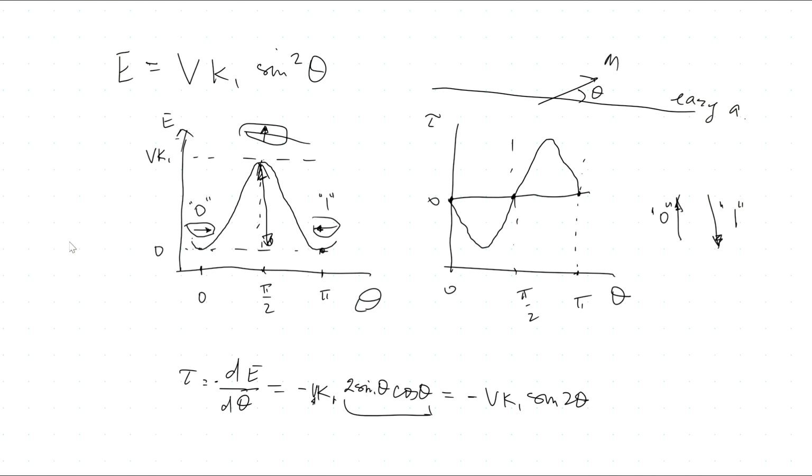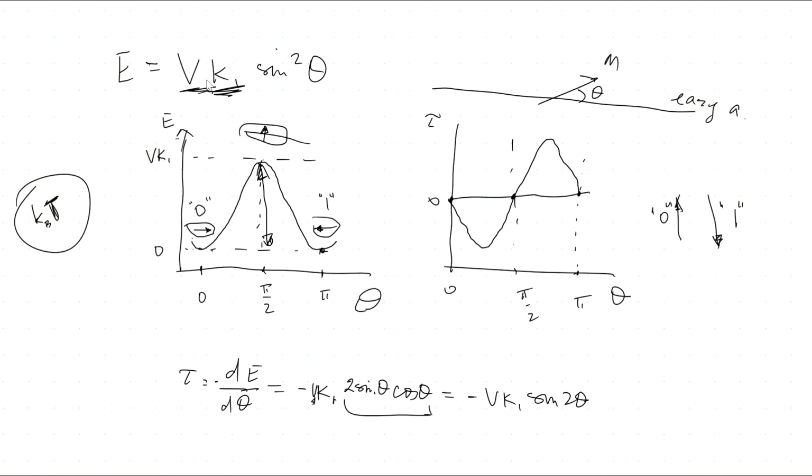If this energy barrier is small, and the energy barrier is defined by this K1 and also the volume of the particle, if the energy barrier is small enough, then thermal fluctuations, k Boltzmann T, can flip and basically destroy your information. They can flip magnetization pointing to the right into magnetization pointing to the left.